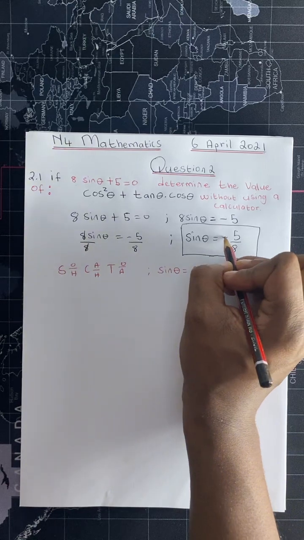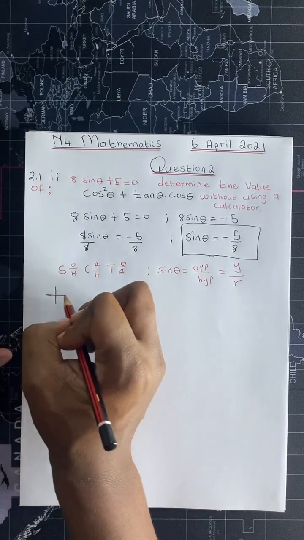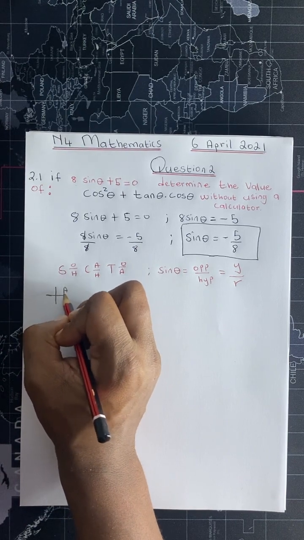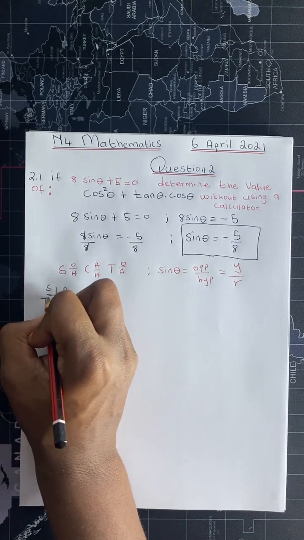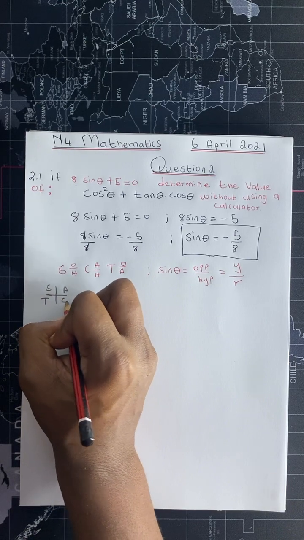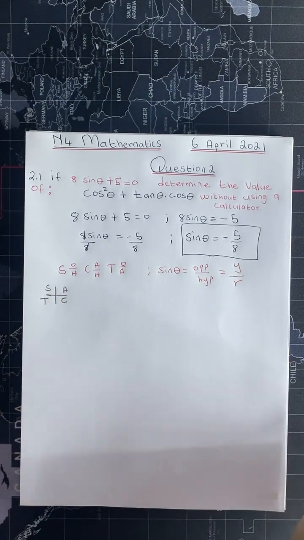The sin theta is negative, so according to our CAST diagram, in the first quadrant all ratios are positive, in the second quadrant only sin is positive, in the third quadrant only tan is positive, and in the fourth quadrant only cos is positive.